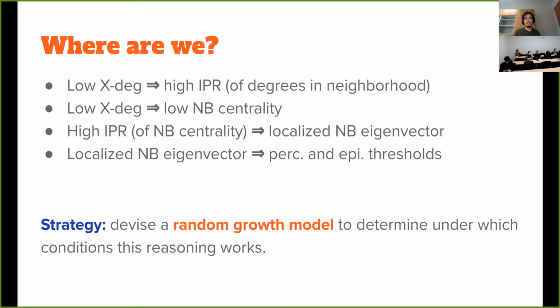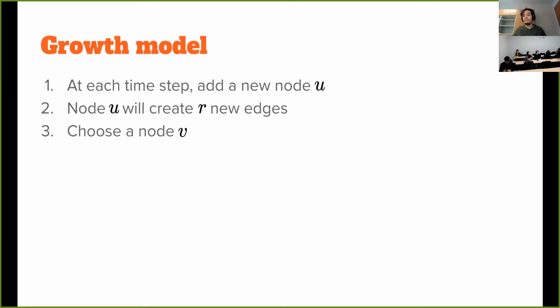So what I'm going to try to do is devise a random growth model to test the hypothesis of whether the x degree is related to the localization of the eigenvector, right? Or under what conditions does one influence the other? So we're going to grow a network in a very familiar way. At each time, I'm going to add a new node. This node is going to create R edges for a predetermined number R. For this purpose, I'm going to choose a node v with probability proportional to its x degree, not its degree, right?